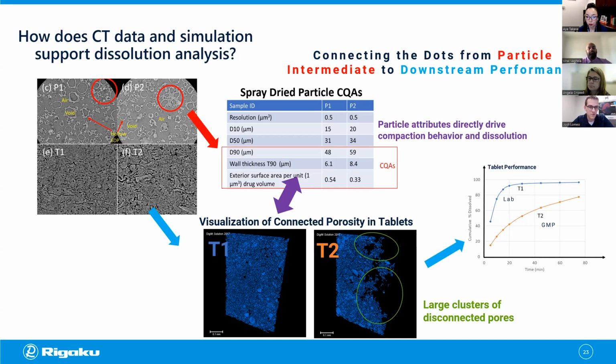And coming back to the complementary, orthogonal techniques, this is where CT is really unique in being able to see not only the porosity, but how that porosity is connected amongst itself. And CT analysis is really uniquely qualified to make that assessment.